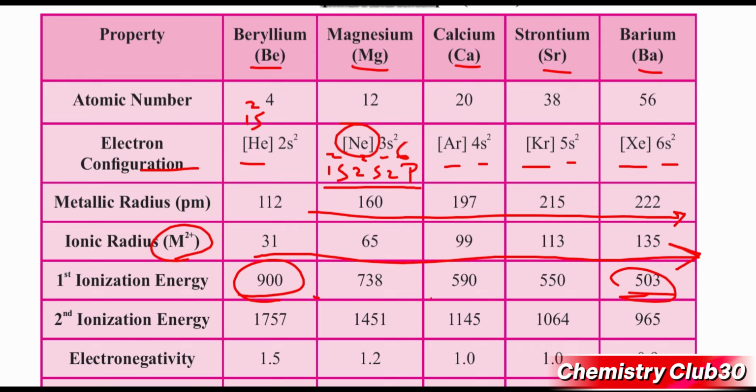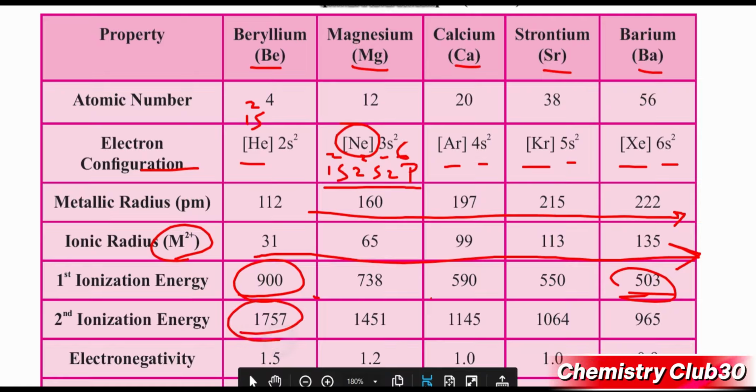Less energy will be required for barium and the highest energy will be required for beryllium. Second ionization energy is the energy required to remove the second electron from the valence shell, and again it is highest for beryllium and lowest for barium.